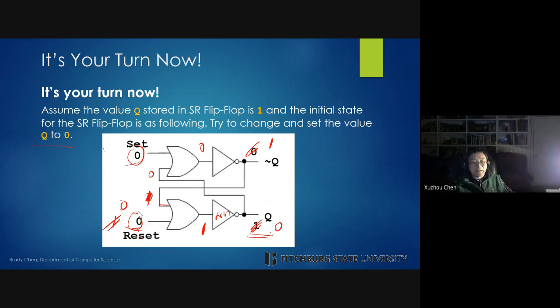Now, if you want to store 2 bits, then you just combine 2 flip-flops, and if you have a million flip-flops, you can store 1,000,000 bits, and 8 million bits is going to be 1 million bytes.